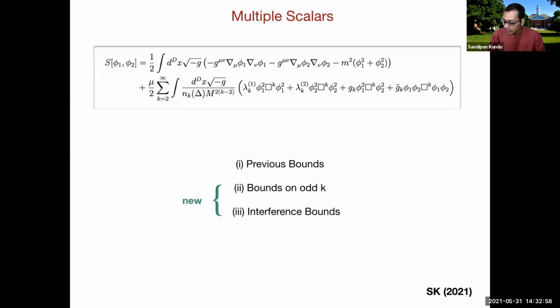So for example, obviously we'll have the same old bounds for these lambda coupling constants, because the bounds that I discussed before don't depend on whether you have other fields or not. So they are still valid, but now I have these other interactions involving both scalar fields. For them, I have new bounds for this other coupling constant. The interesting thing is that now there are bounds for odd k interactions as well.